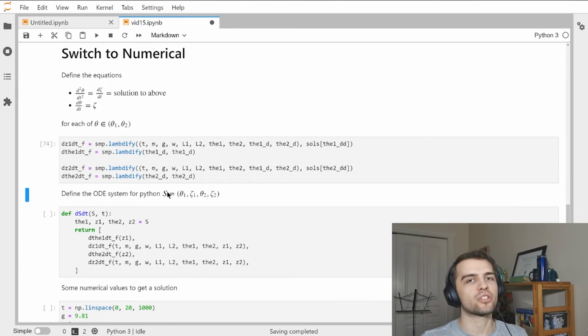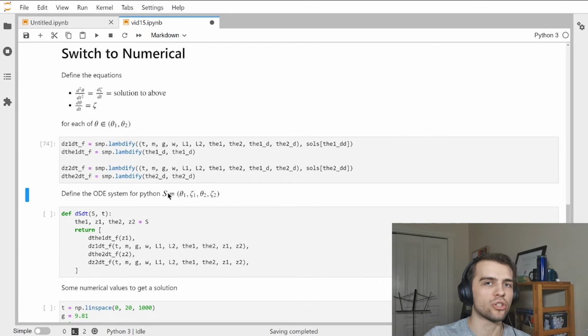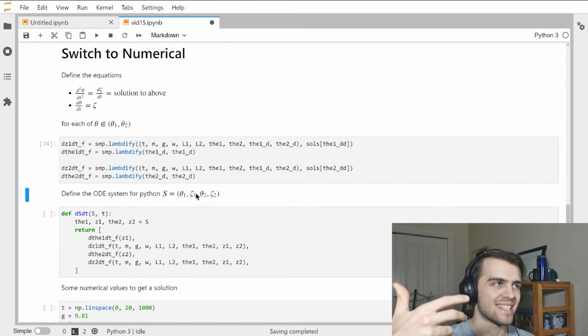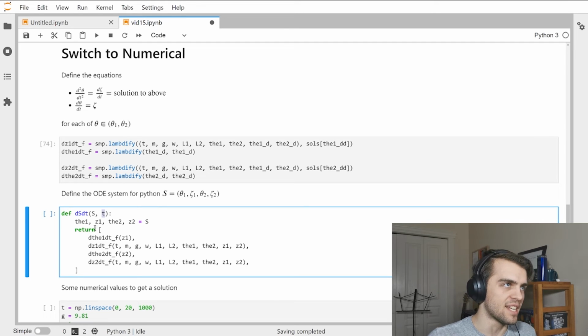And so in Python, to solve a system of ODEs, remember we need a vector S. S is all the quantities we're interested in solving for. We're interested in solving for theta 1, zeta 1, theta 2, zeta 2. And we need to write a function that takes in S and returns ds dt. And I name it that explicitly. So it's ds dt. It takes in S. It also takes in time. And it returns ds dt.